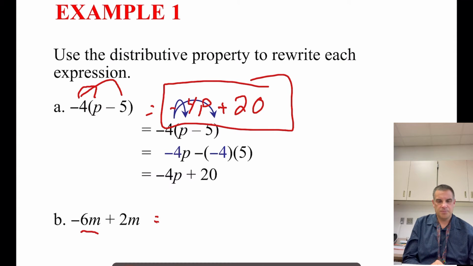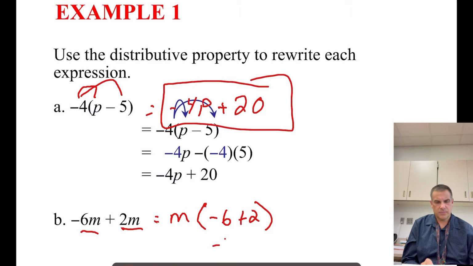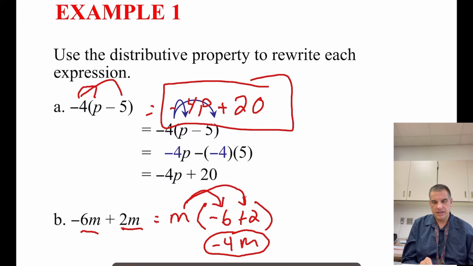You could say, both of these have m in common. If I take an m out, we've got negative 6 plus 2, which is just negative 4m. This is the distributive property in reverse, because if I put this in there and this in there, we would have negative 6m plus 2m.